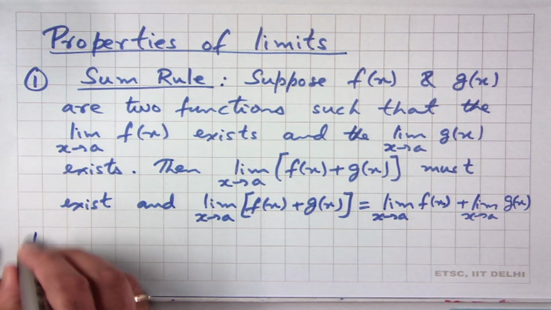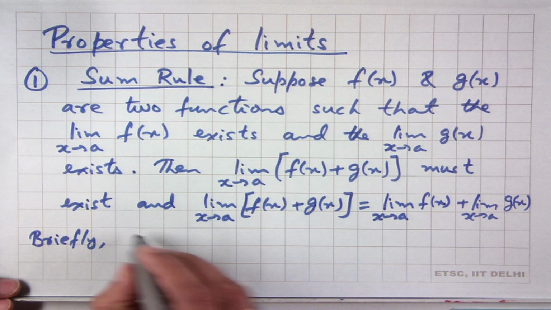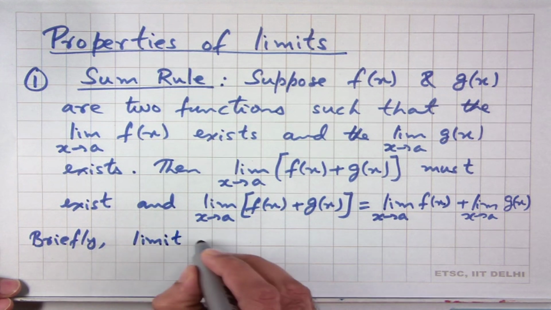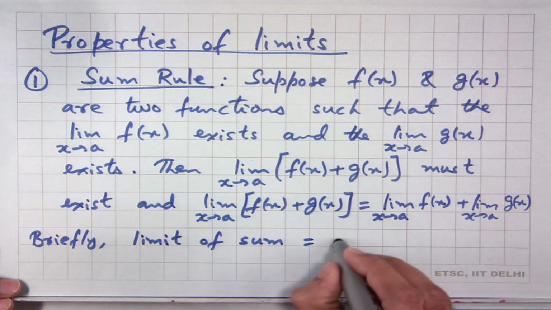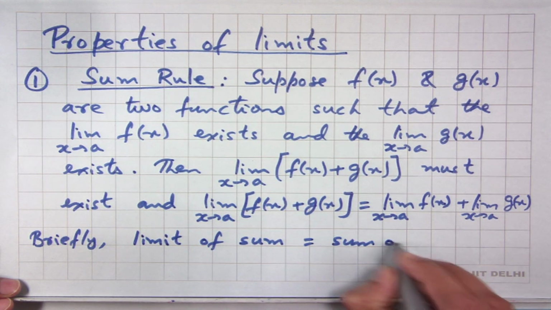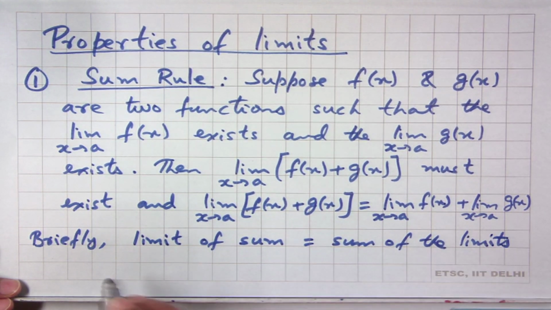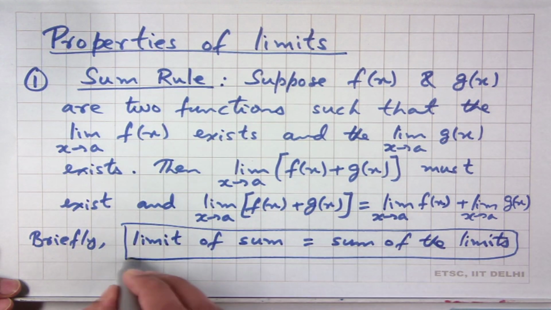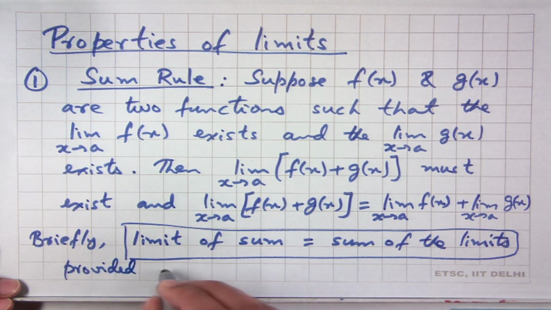So, briefly it says that the limit of sum is equal to sum of the limits, provided each limit exists.